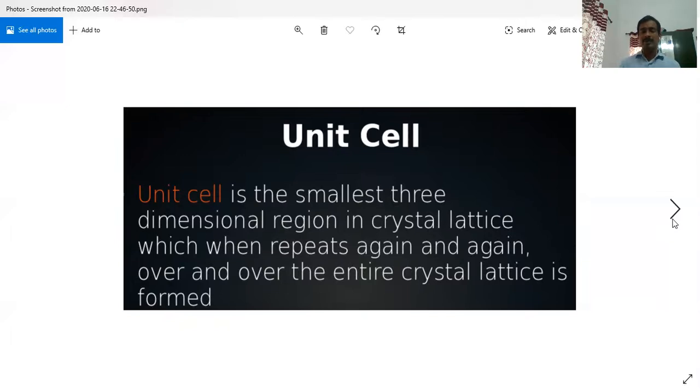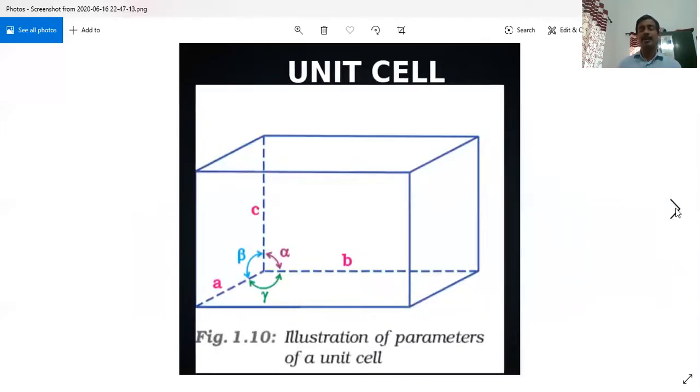So unit cell is the smallest three-dimensional region in a crystal lattice, which repeats again and again, over and over, and the entire crystal lattice is formed. A unit cell is characterized by 3 angles and 3 lengths. The 3 lengths are edge lengths, a, b, and c.